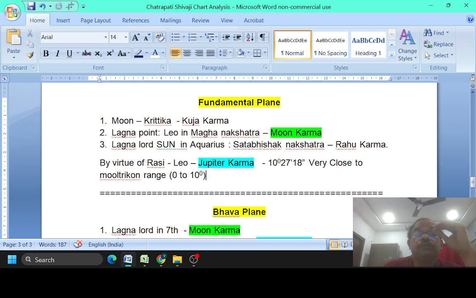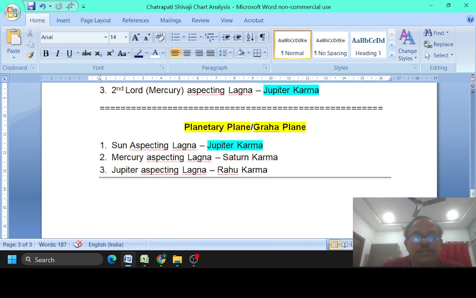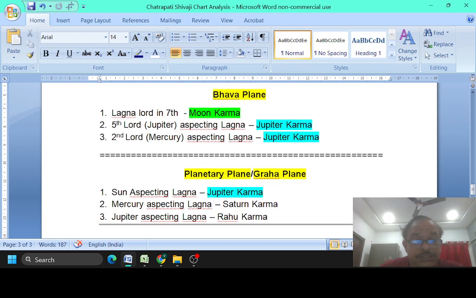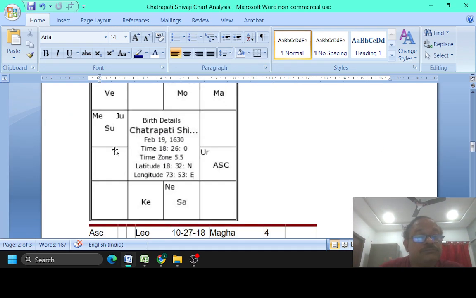And observe, on the fundamental plane we have a Jupiter karma, and on the bhava plane the Jupiter karma is reinforced and repeated. Coming to the third plane, the planetary plane, look at the grahas aspecting Lagna. Sun is aspecting Lagna, Jupiter is aspecting Lagna, Mercury is aspecting Lagna.